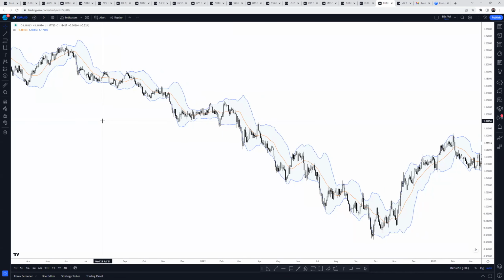Then all we do is divide the VIX index level, 21%, by 3.46 to give us around 6.07%.